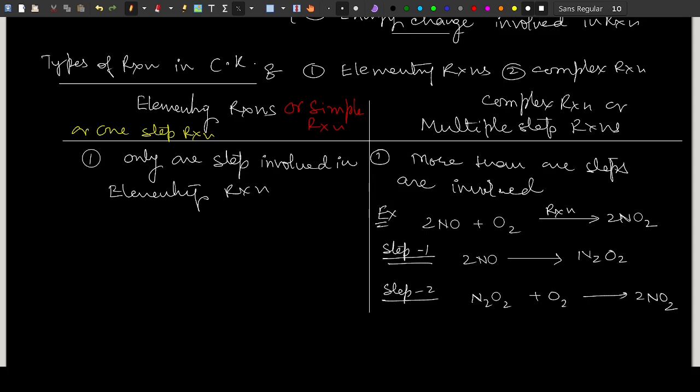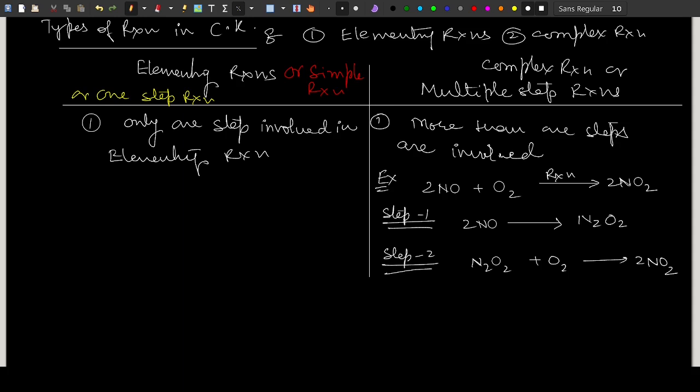There are two steps involved in this reaction. These two steps are just parts of this reaction. This is the first step, and then this is the second step. So the multiple step reaction is a complex reaction.